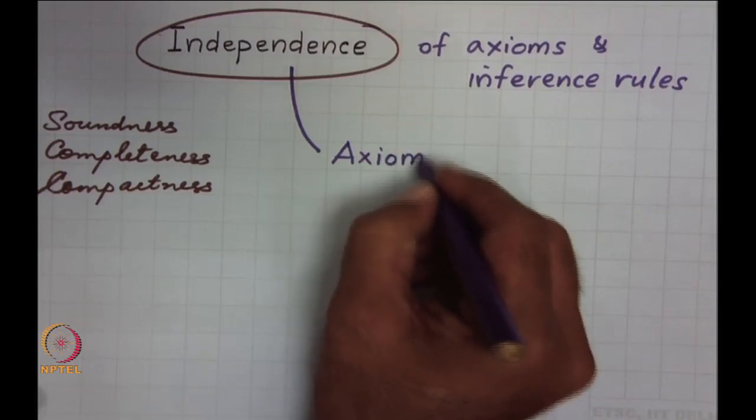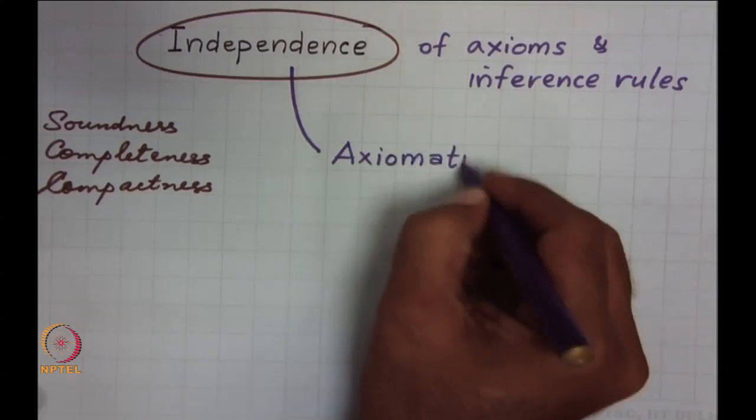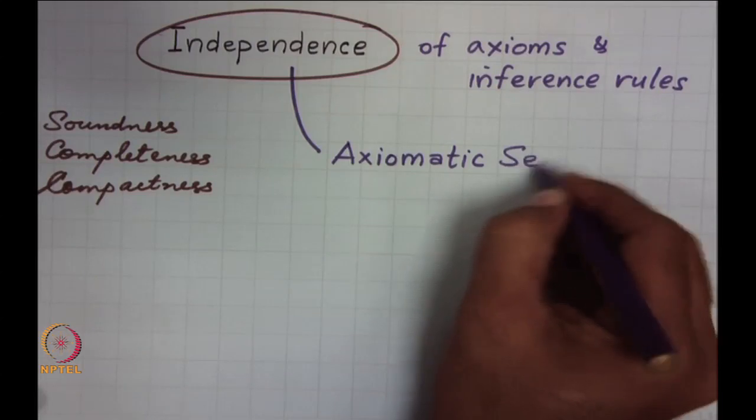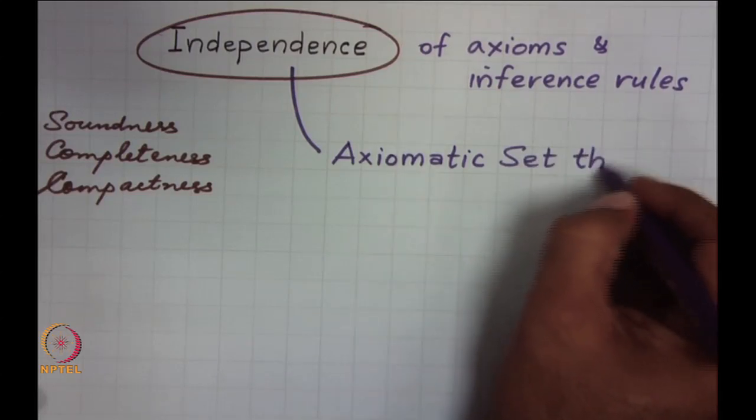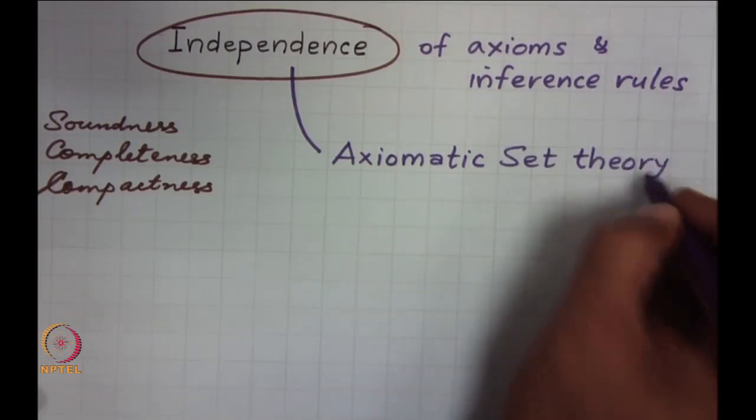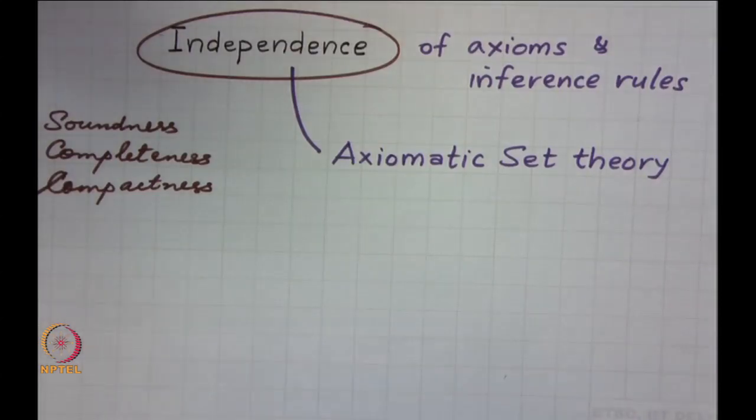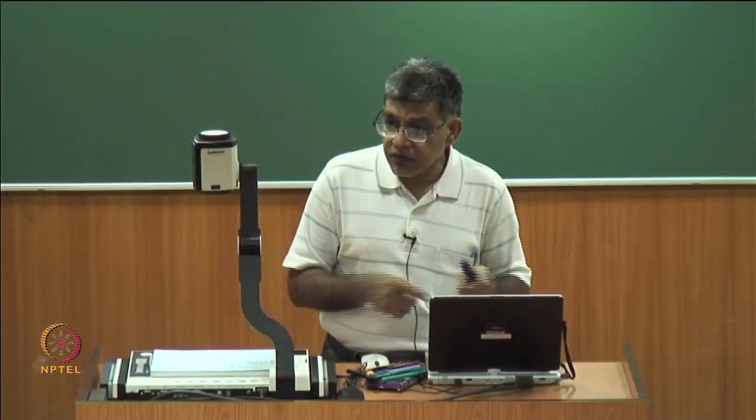So, one of the most brilliant proofs of independence was this. I do not know how much of axiomatic set theory you know. It is possible to treat set theory as an axiomatic theory very much like the way we have defined within the domain of first order logic, which we have not yet done.